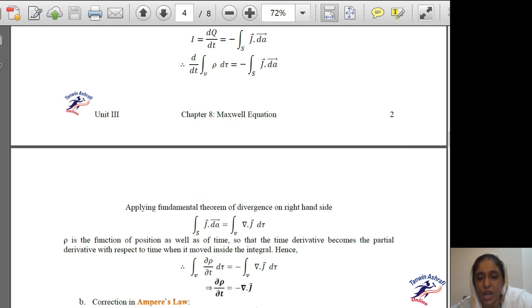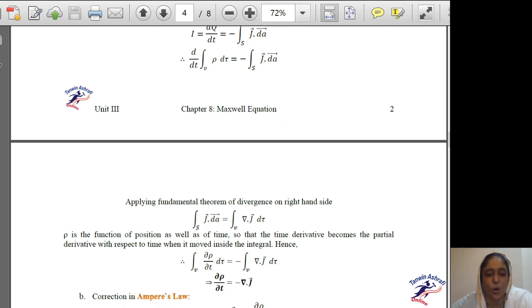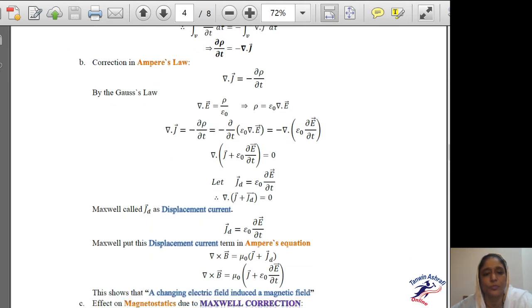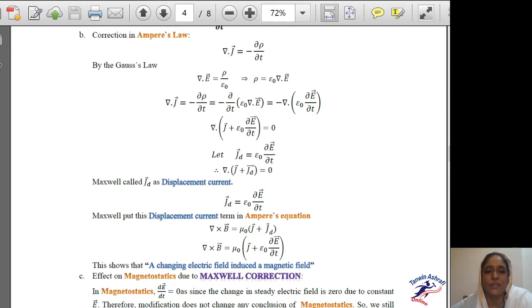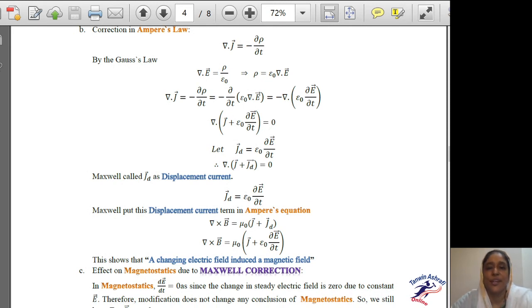Now, second, the correction in Ampere's law. From the continuity equation we derived, del dot J is equal to minus partial derivative of rho with respect to time.